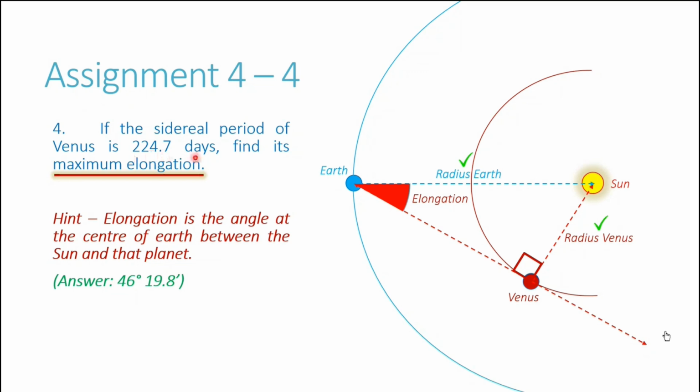So when we put this value in the T square by R cube relationship, we can easily find the orbital radius of Venus, and using its orbital radius, the elongation can be easily calculated. So this is how we solve this elongation question. The answer to this question is 46 degrees, 19.8 minutes.